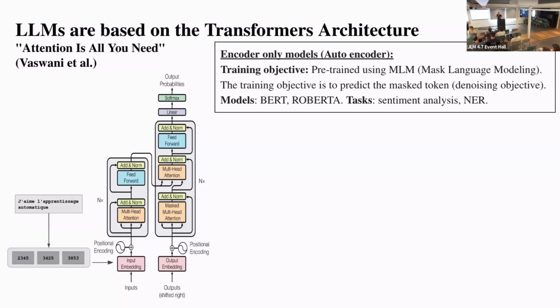Now I will show you different families of models. One thing that I forgot: the key innovation in the transformer is, of course, the self-attention mechanism, and as you can see, it appears in both the encoder and the decoder.